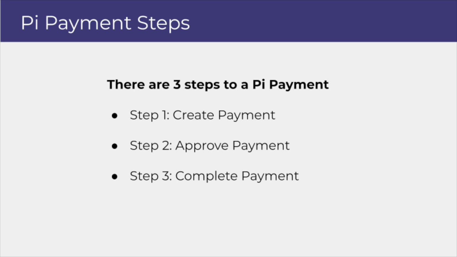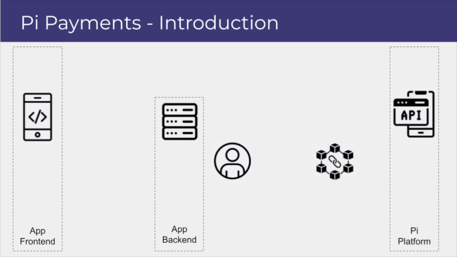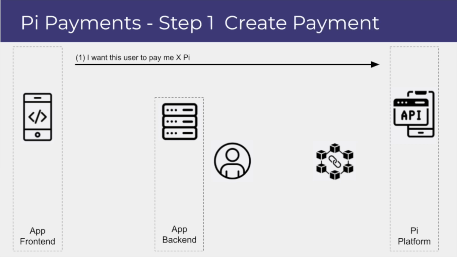So all of our involved parties are shown here again in a fancy, more organized way. And step 1 is creating a payment, and that is done from the app's front end by the app front end calling a local method that doesn't even need to involve the backend to let the Pi platform know that this user needs to pay X Pi for something that they are trying to buy.